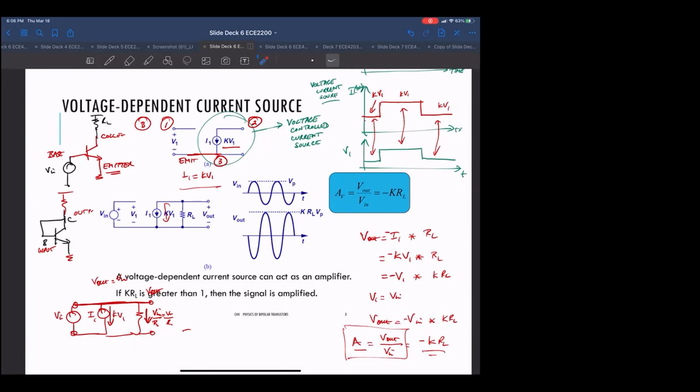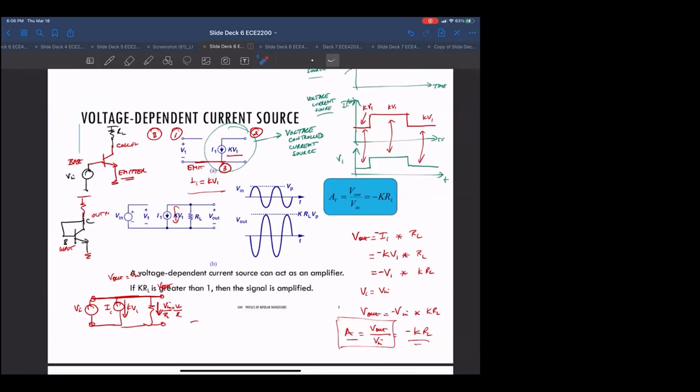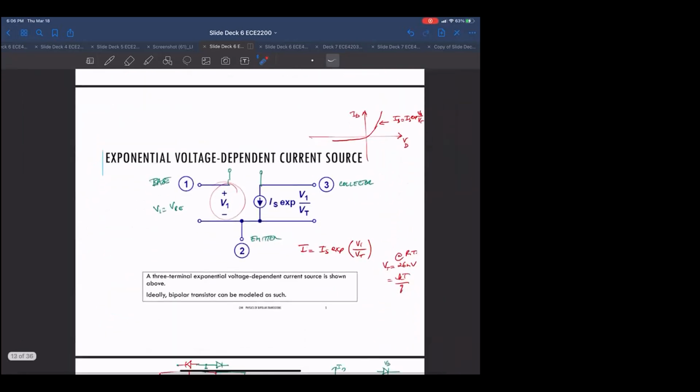I won't get into what it does now, but you might have heard of negative feedback, not in the context of tests, but in the context of circuit design. Anyway, long story short, don't let that bother you. It means you're still getting amplification, but the polarity of the amplification is reversed between the input and the output, and it is not attenuation. Okay. Any other questions?